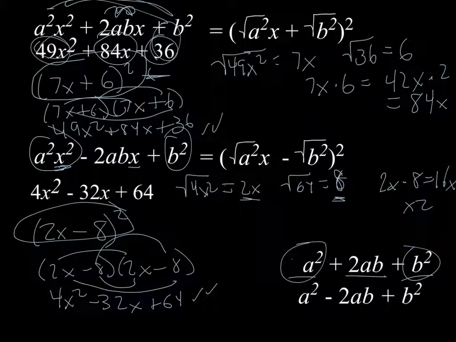So take the square root of this term, the square root of this term, multiply them together, multiply by 2. If you get that middle, you will basically get a plus b squared. And this one would give you a minus b squared if you had the same thing.